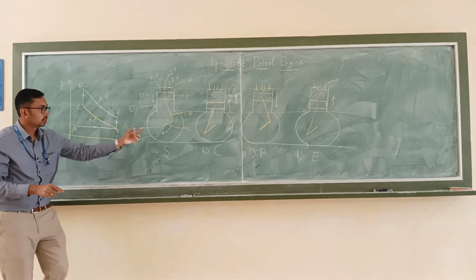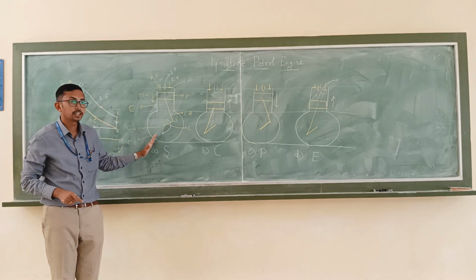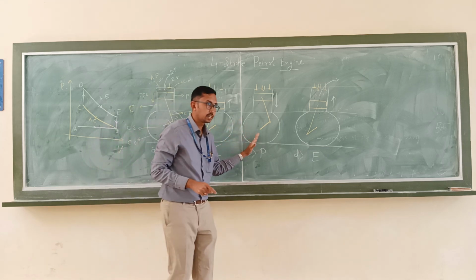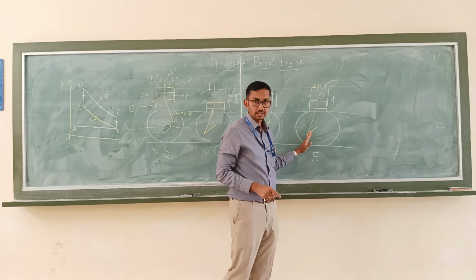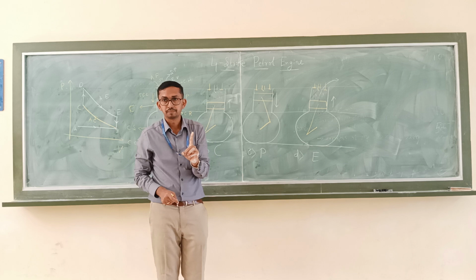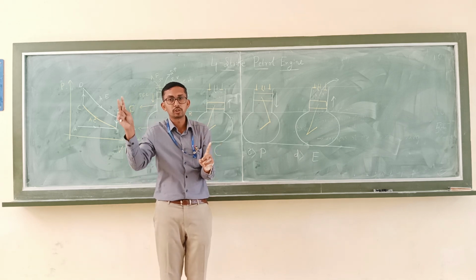See, for each stroke, the crank has to rotate 180 degrees. 180 plus 180 plus 180 plus 180, that is totally 720 degrees. That means to complete one cycle, the crankshaft has to rotate how many rotations?